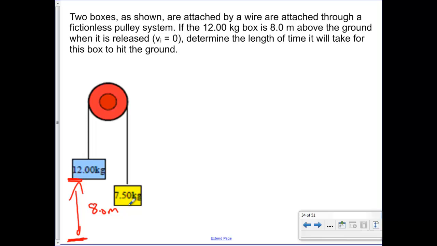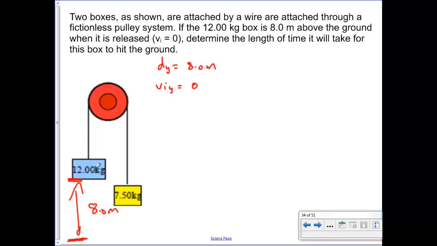Well, if we're normally looking for time, I need to find some other numbers. We have the distance in the y direction, that's 8 meters. I also know the initial velocity in the y direction, it's 0. Normally we know one other number in the y direction: acceleration. Acceleration due to gravity is normally 9.81.